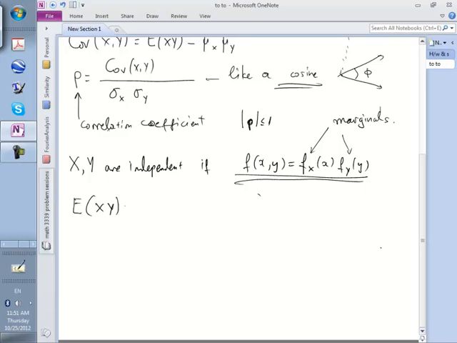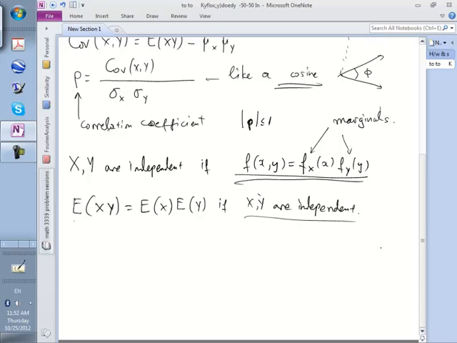If we have independence, then there is another property which I'm not going to prove. The expected value of the product of the two random variables is equal to the product of the expected values. This is true only if X and Y are independent. It can be valid in other cases, but not necessarily. So you need independence to be able to assert that.